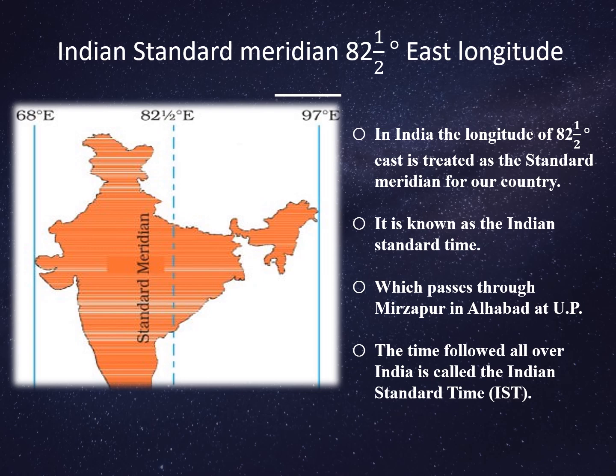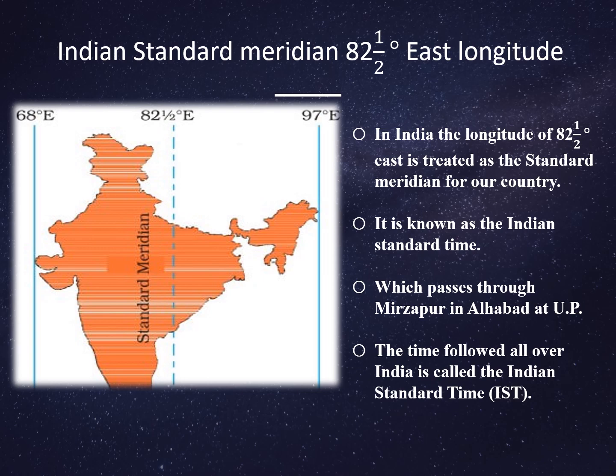We learnt in the previous class the latitudinal and longitudinal extent of India. In that I told you, our country India is in the northern hemisphere and it falls in the eastern hemisphere. That's why 82.5 degree east longitude is taken as the standard meridian of our country.